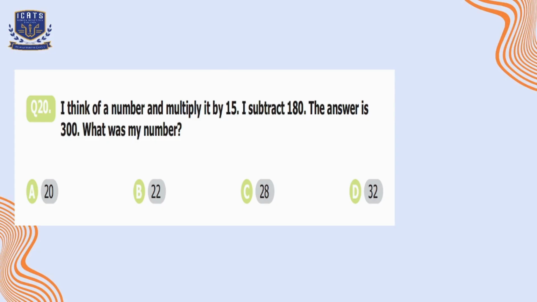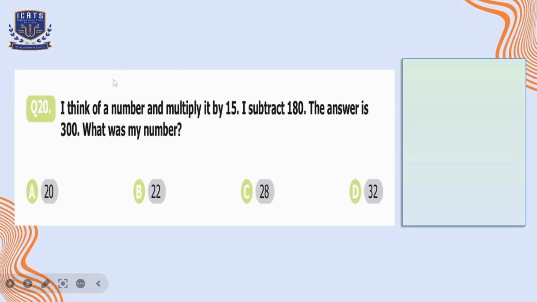Question number 20. I think of a number and multiply it by 15. I subtract 180. The answer is 300. What was my number? So to find out the number, we are going to take inverse of the operations which were applied to get the answer. So let's see. The answer is already with us, which is 300 here.